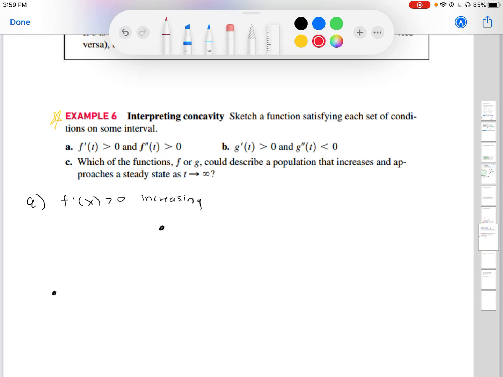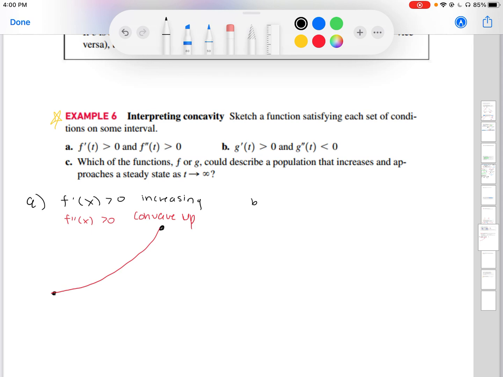Now my second derivative is also positive, means it's concave up, which means it can hold liquid. It's like a spoon, right? You would be able to scoop up some liquid.